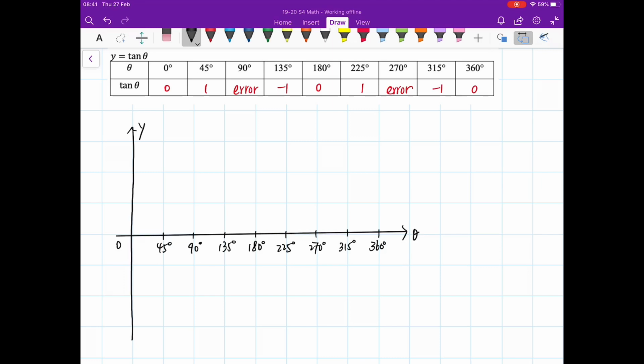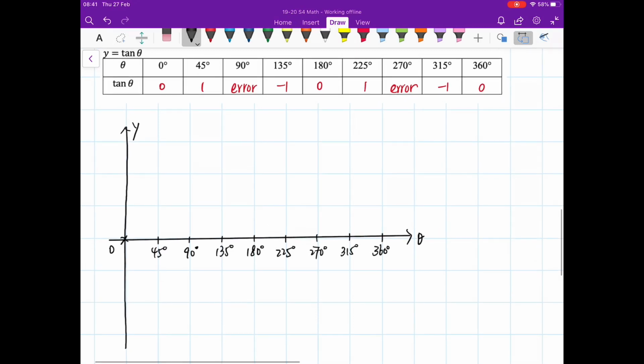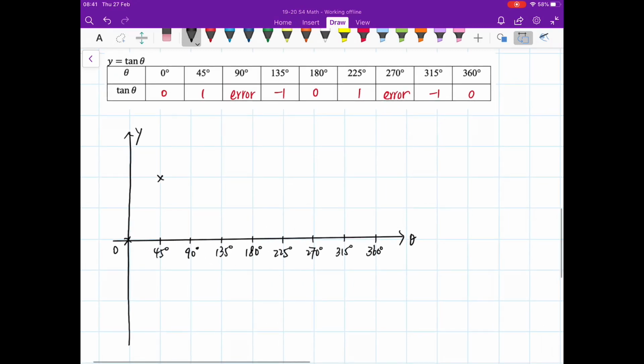Then I'll put the points back into the graph. For 0 degree, it is 0. And then for 45 degree, it is 1. So I mark it down as 1. And then error, and for 135 degree, it is -1. So it should be here, and I mark it down as -1. And then 0, 1, error again, -1, and then 0 again.